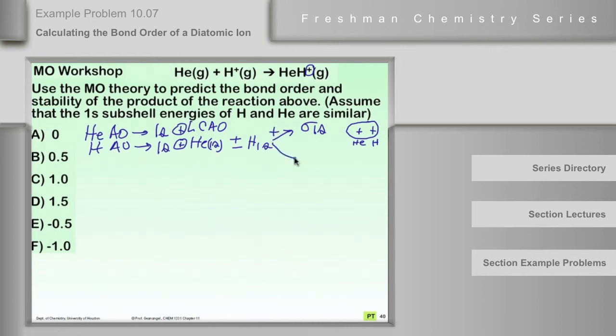If we take the difference, then it's an anti-bonding orbital because of the difference, and that would be the sigma star 1s, and it would have a node right down through the middle, and we would have a lobe on the hydrogen side that had a negative sign, and a lobe on the helium side that had a positive sign, and a node down through the middle between the two nuclei.